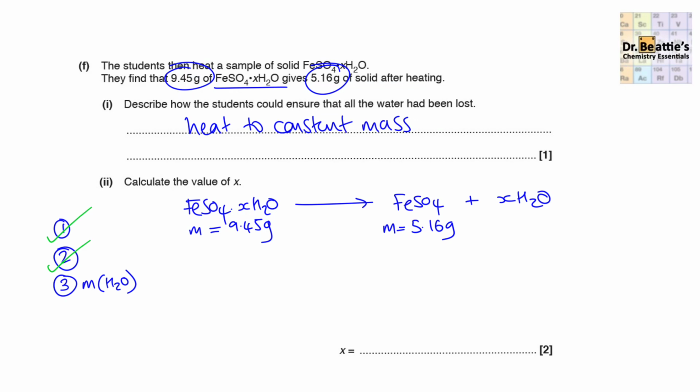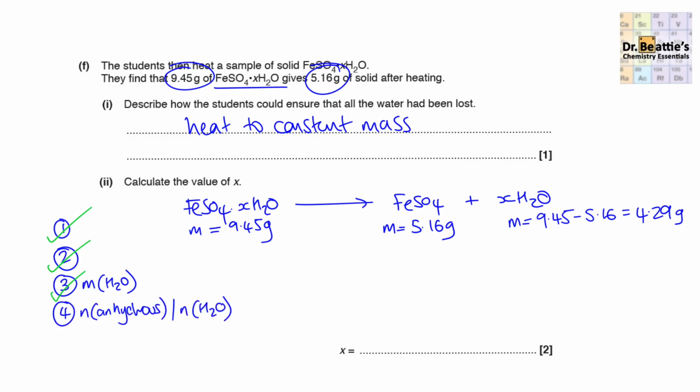The third step is working out the mass of the water. And remember, because of the law of conservation of mass, this side of our equation has to equal the left-hand side. We're doing the mass of the hydrated minus the mass of the anhydrous, and that gives us the answer of 4.29 grams. Then step 4 is to work out the number of moles of the anhydrous and the number of moles of water.